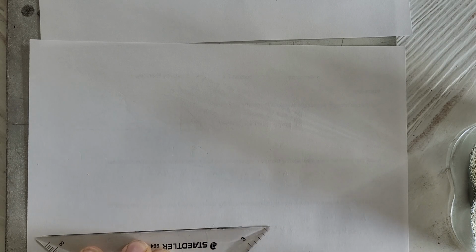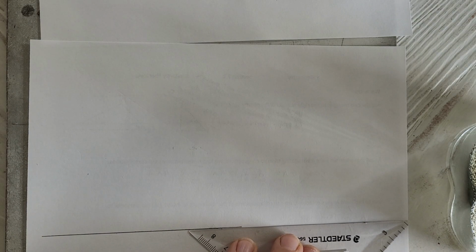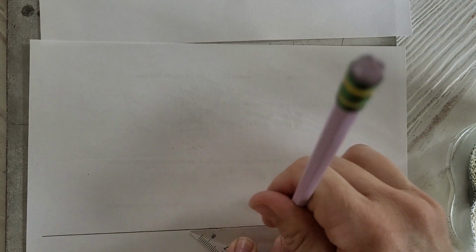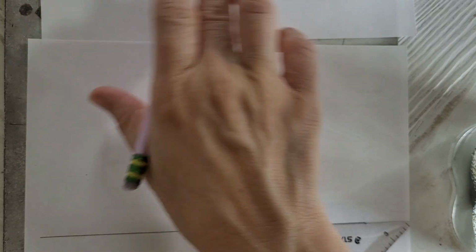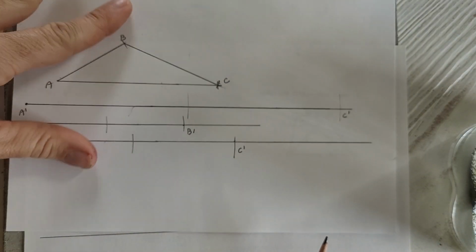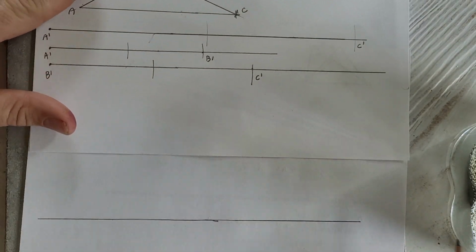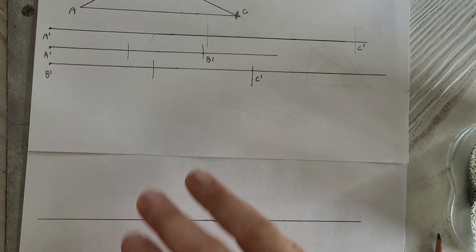So what I'm going to do is redraw a very long segment, and actually for A prime, C prime, instead of me copying that, because I do not think my compass will open up that wide, I'm just going to recopy it twice.